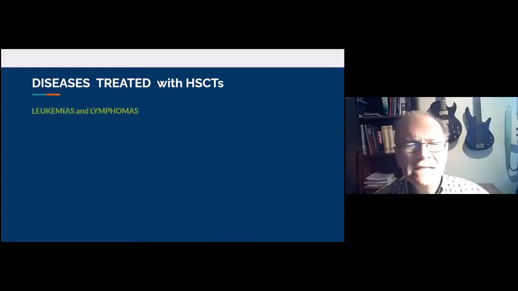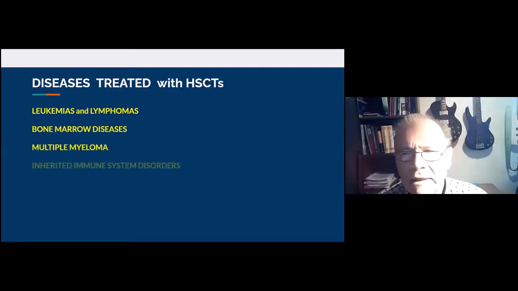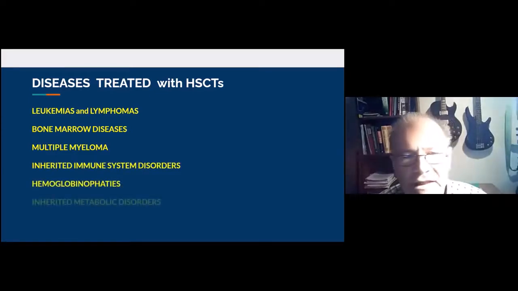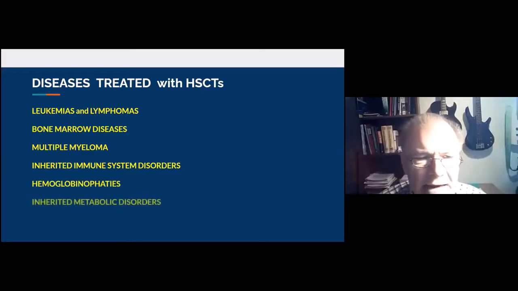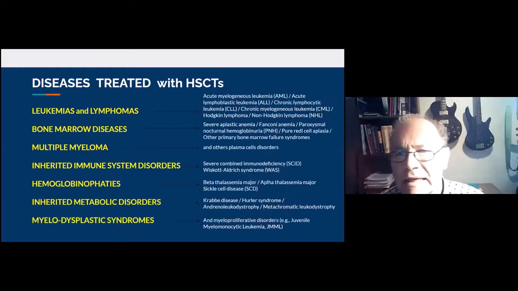The different diseases that are options for transplant with stem cells are leukemias and lymphomas, bone marrow diseases, multiple myeloma, inherited immune system disorders, hemoglobinopathies, inherited metabolic disorders, and myelodysplastic syndromes. Here you can see some of the diseases that go to stem cell transplantation, autologous or allogenic.